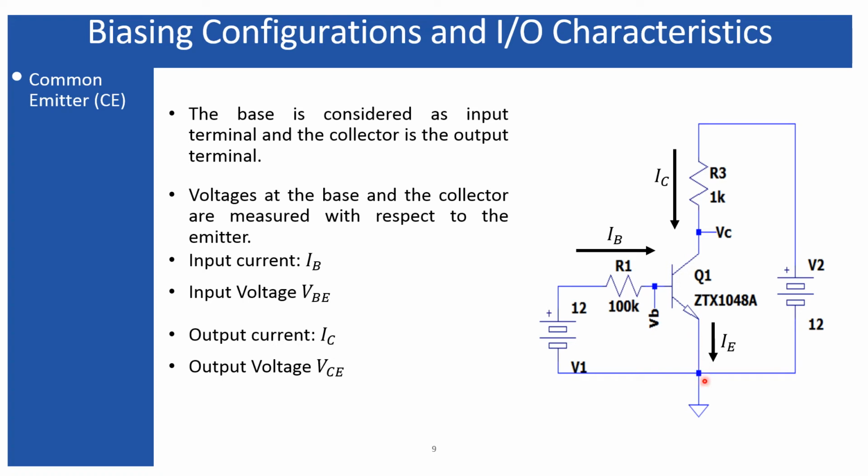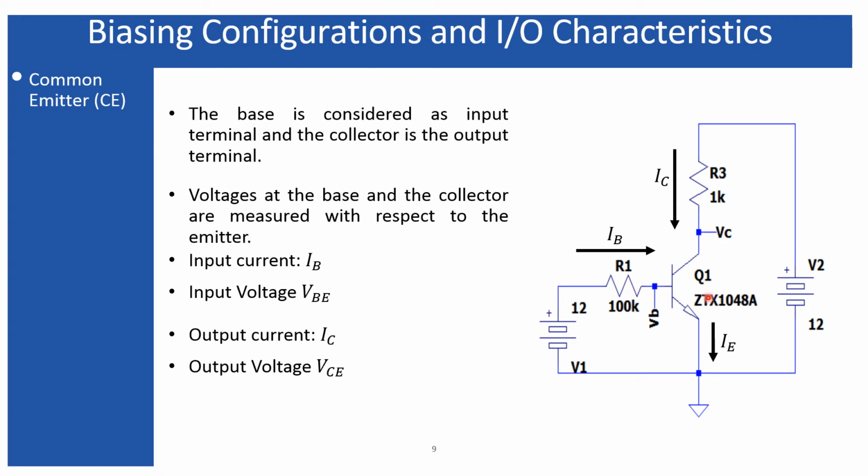Since the emitter is connected to a zero reference, the emitter potential is zero. That is why I have used that notation. Similarly, for collector to emitter voltage, since the emitter is at zero reference potential, VCE is basically VC, because VCE means VC minus VE, but VE itself is zero. So that is why I have used such notation over here.